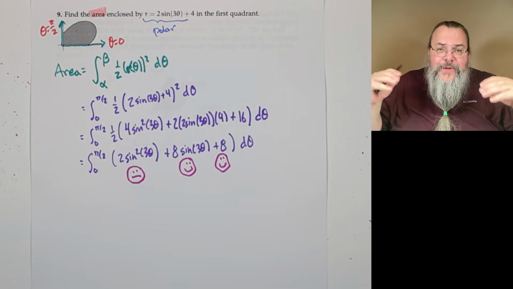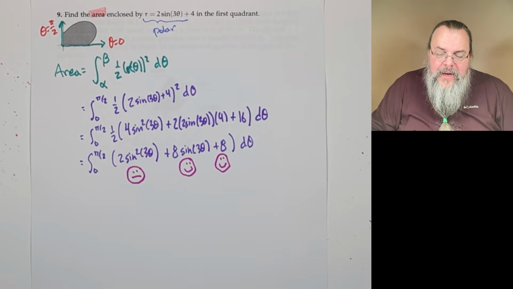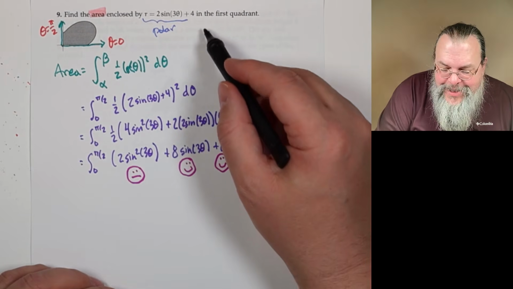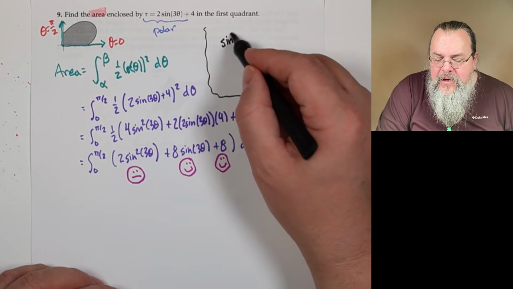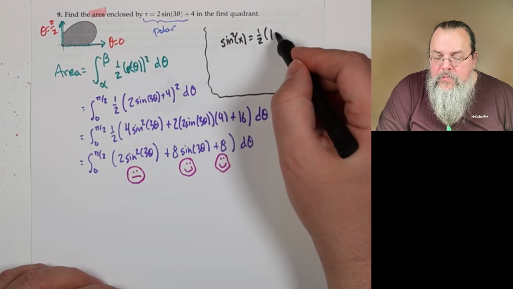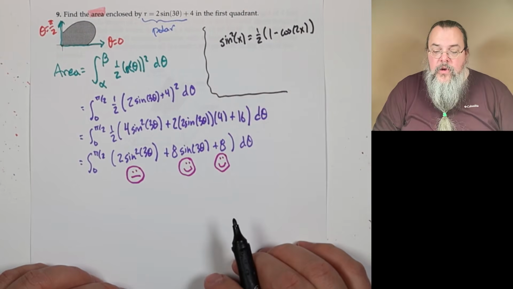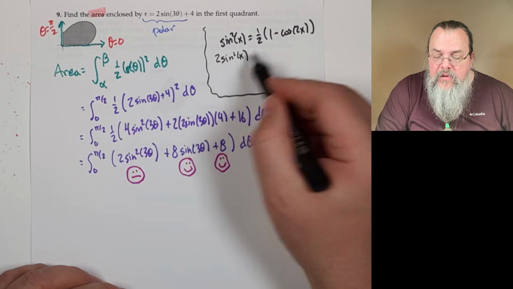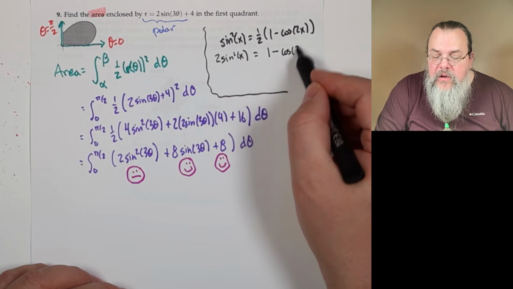But there's just a handful of identities which turn out to be particularly useful. And one of them, spoiler alert, formula sheet, says, sine squared of x is 1/2 times 1 minus cosine 2x. Or to put it another way, 2 sine squared of x is 1 minus cosine 2x.